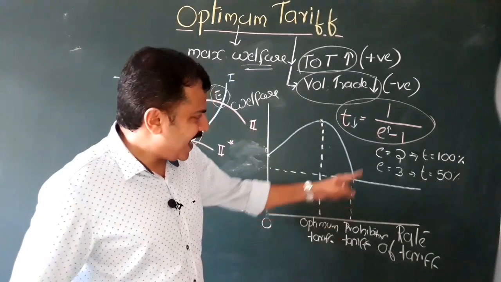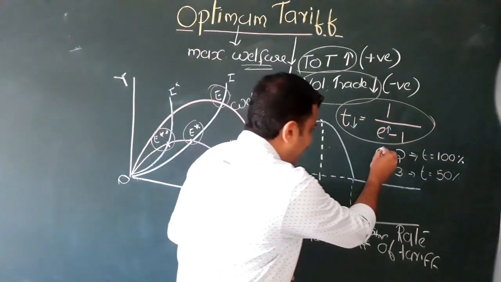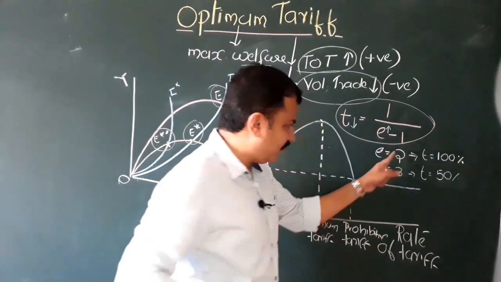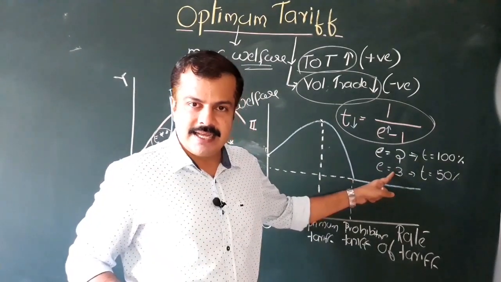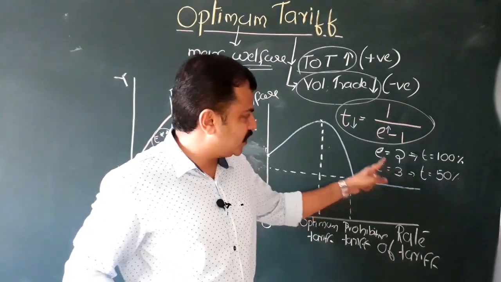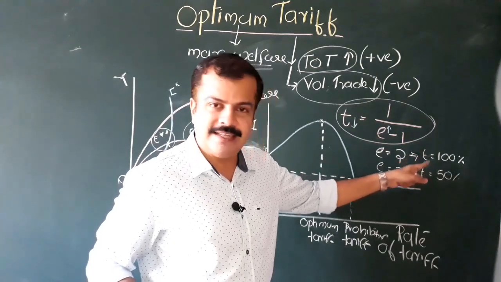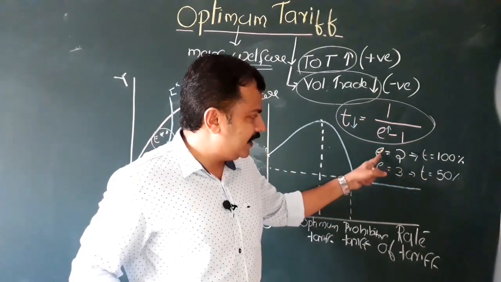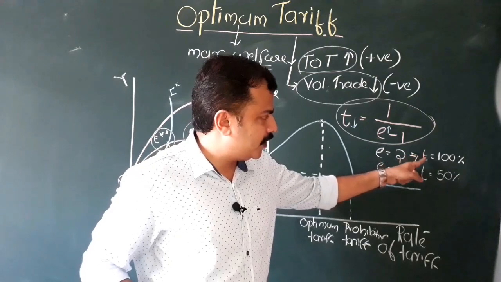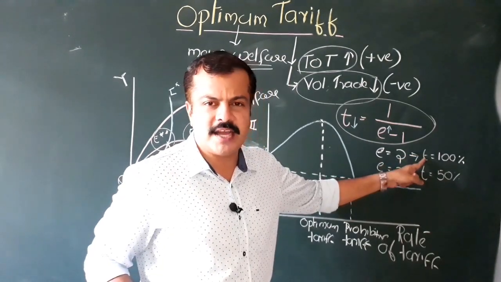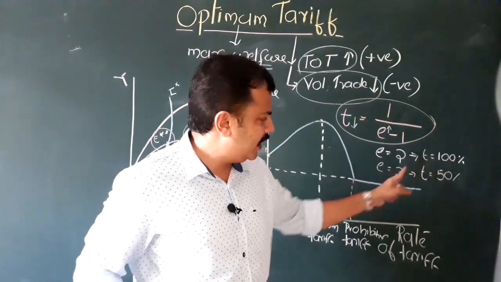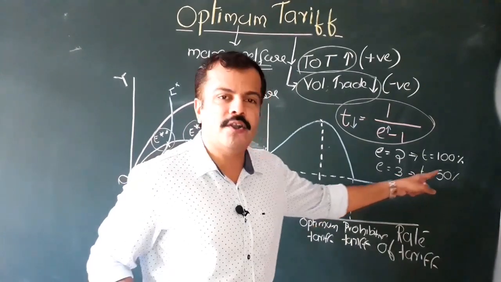See here, as the elasticity coefficient increases, as E increases, there is a reduction in the optimum tariff. If E is equal to 2, the rate of tariff can be 100%, while if E is equal to 3, it can only be 50%.